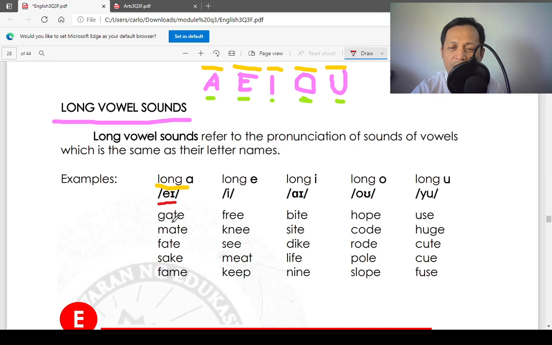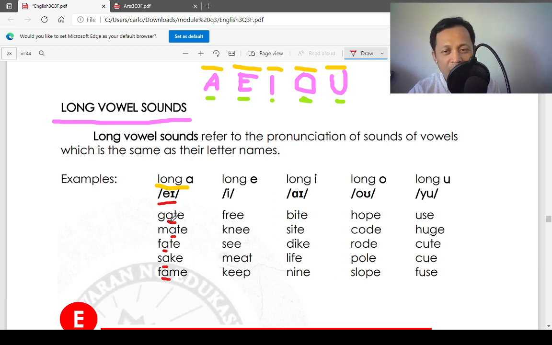So we have here, take note of these words, the sound of the A. So we have gate, mate, fate, fake, fame.